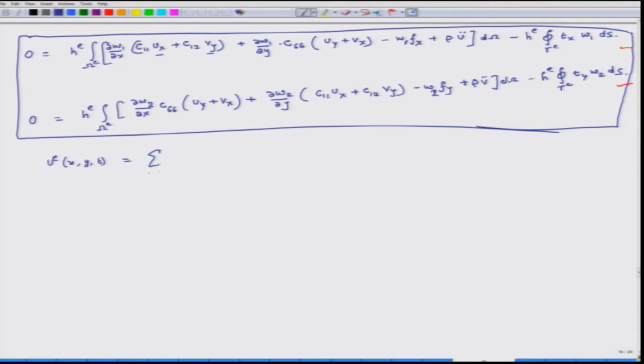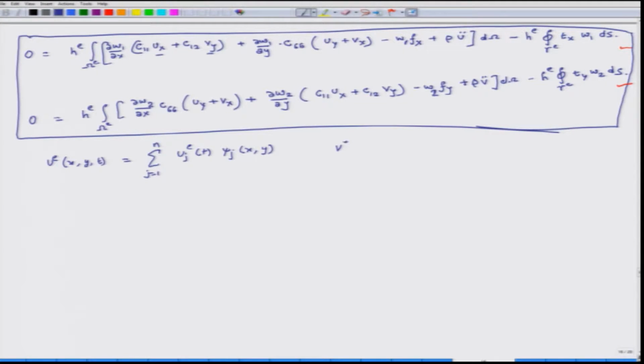So, the approximation for this is summation j equals 1 to n, uj, and uj is a function of time, but it does not vary in space, it is specific to a node, and then psi j of x, y.